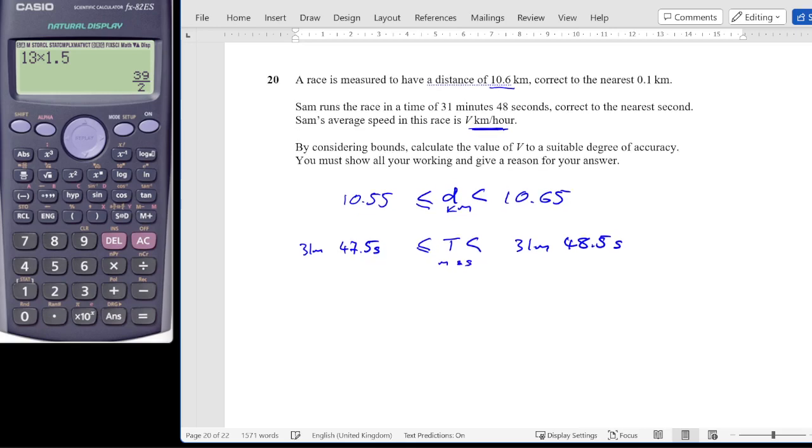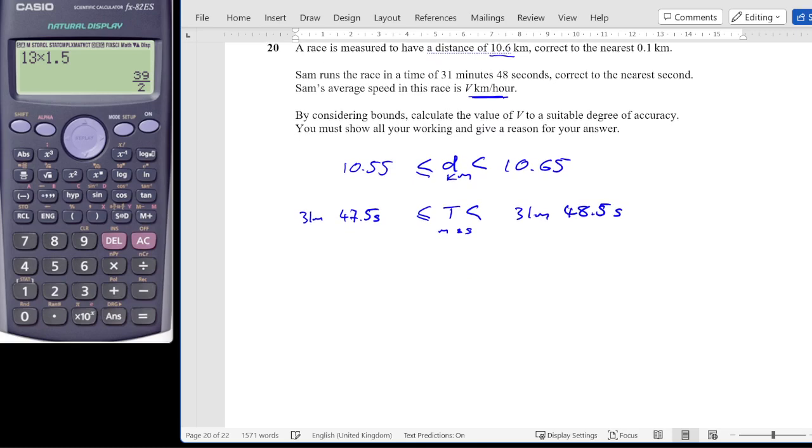But we'll leave it like that for now. Right, so the maximum value for v. The maximum value for v, v max, is going to be the maximum distance, so d max divided by t min, the minimum time.